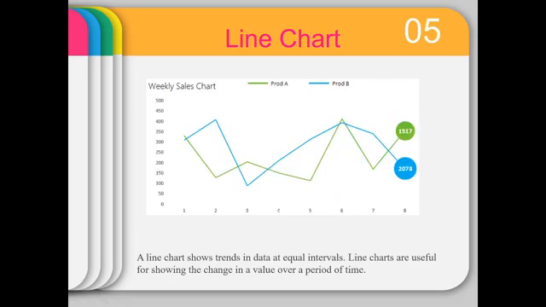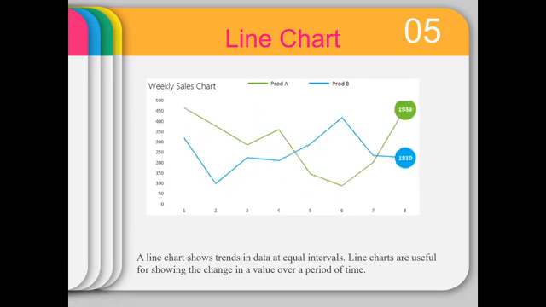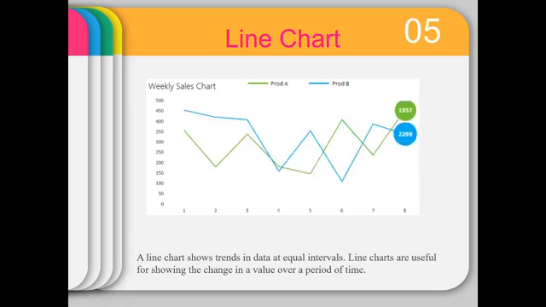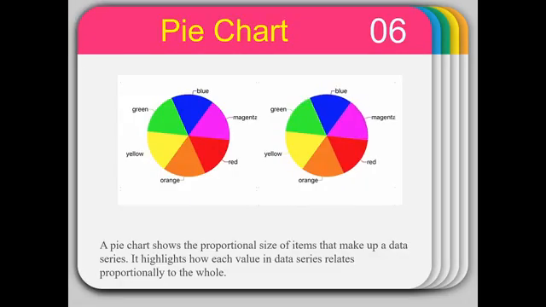A pie chart is a type of graph in which a circle is divided into sectors that each represents a proportion to the whole.